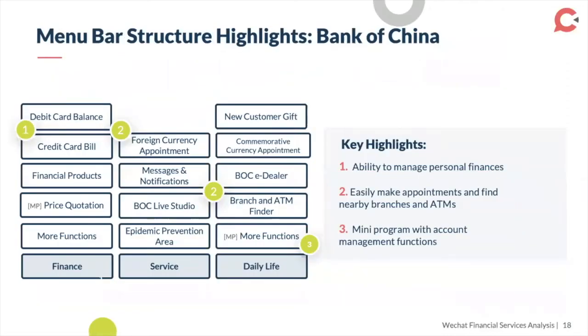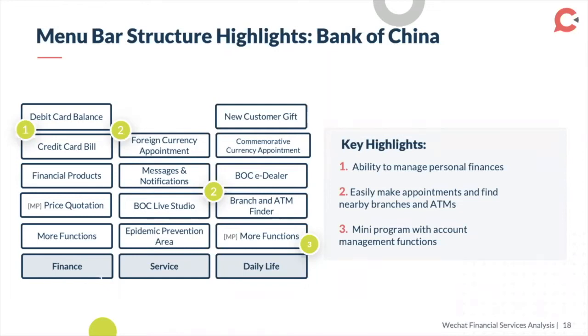So here's an example of how you should structure your menu bar. It's always 3 main menus and up to 5 sub-menus for each. We recommend you structure your main menu as product, service, and other promotion or social stuff. So some key highlights here for financial service accounts: users can easily access their accounts and manage personal finance.